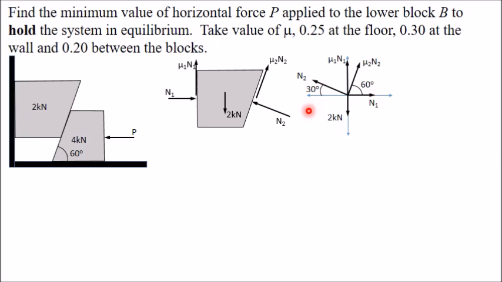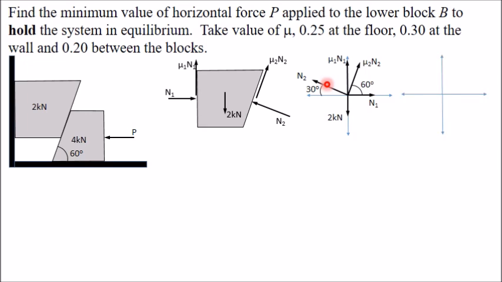Now we also know that we can replace N1 and mu1 N1 by a single force R1, and similarly N2 and mu2 N2 by a single force R2. These R1 and R2 are the resultants of N1 and mu1 N1, and of N2 and mu2 N2. We also know that this resultant always makes an angle phi from the normal reaction, equal to tan inverse mu.